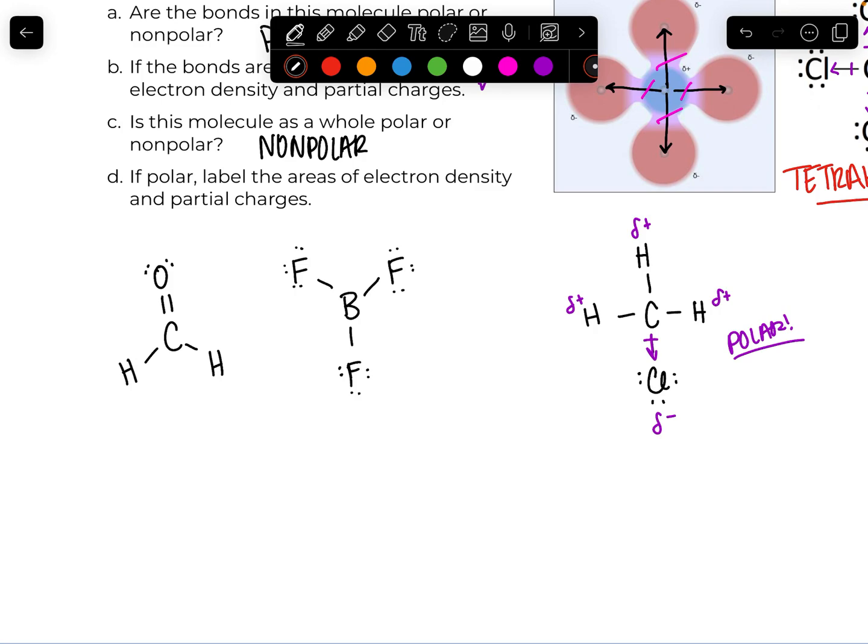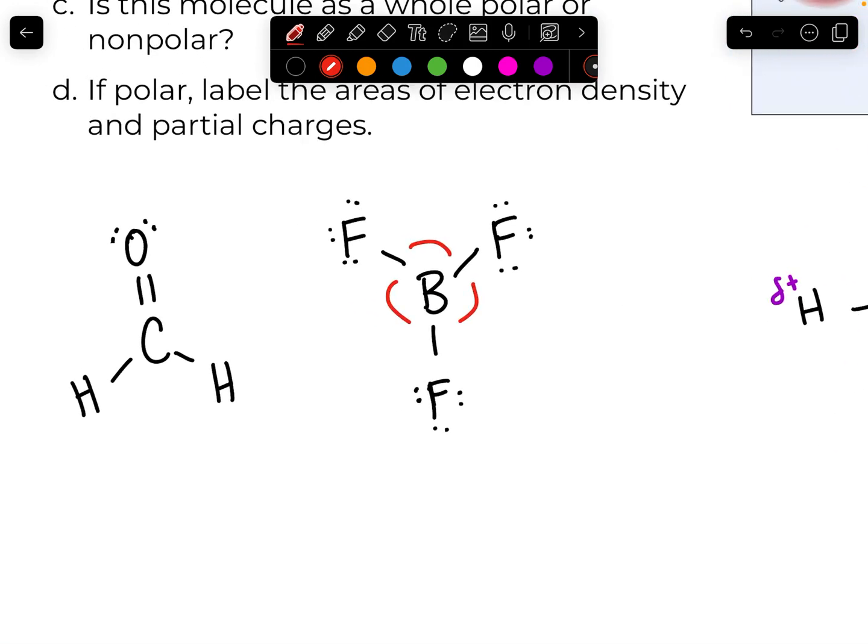All right, so back to trigonal planar. Remember, the whole point of trigonal planar was that these angles were all the same. Everything was equidistant from each other. So let's take a look at boron trifluoride. Are these things polar bonds? Yeah, they super duper are. And electron density is being pulled out towards fluorine, our most electronegative atom on the table. So this thing is perfectly flat.